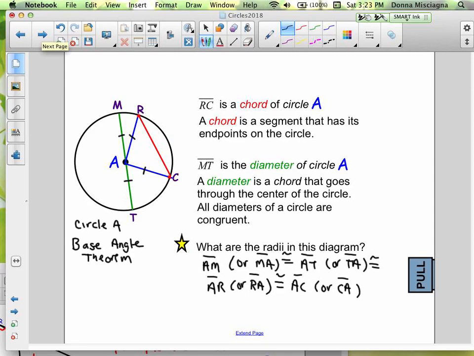Remember base angle theorem, the angles opposite congruent sides, and this would be an isosceles triangle, are congruent.